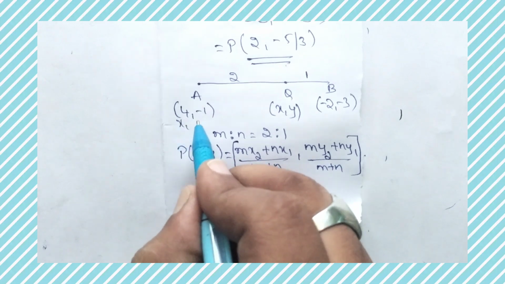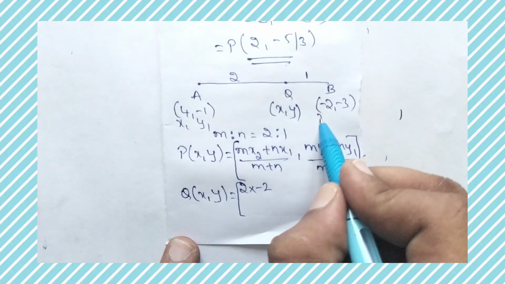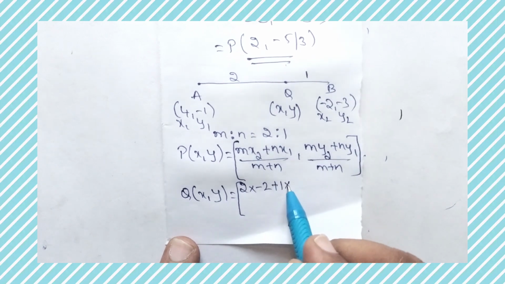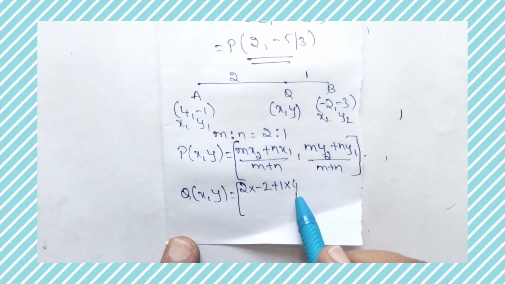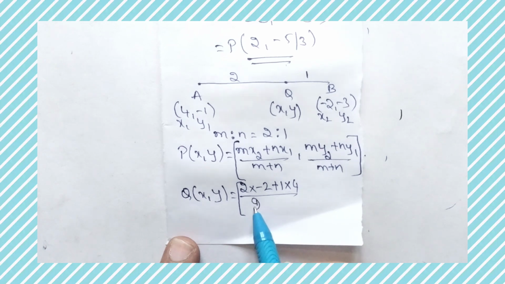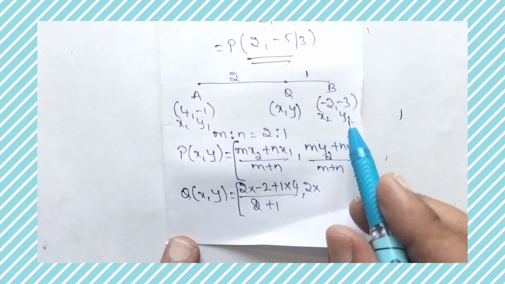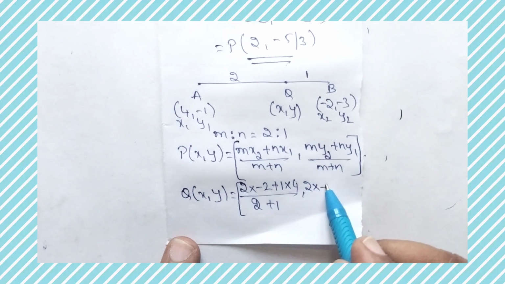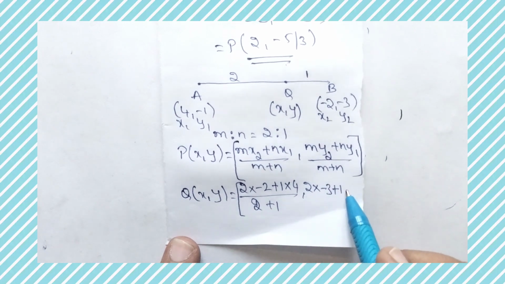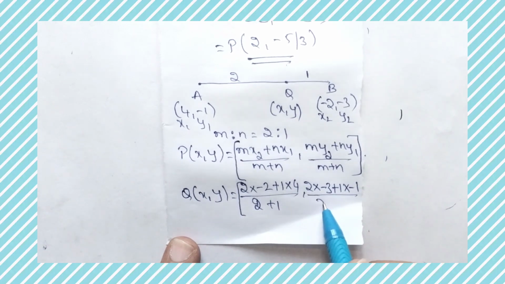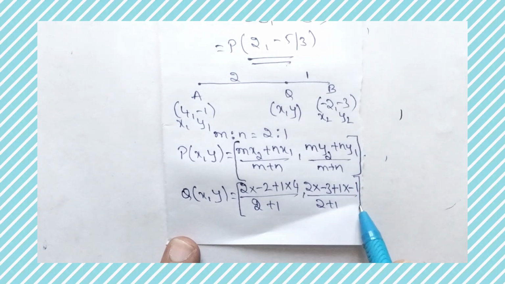This is x1 y1 and this is x2 y2. So plus n means 1 into x1 which is 4, divided by 2 plus 1, comma m which is 2 into y2, y2 is minus 3, plus n which is 1 into y1 which is minus 1, divided by 2 plus 1.